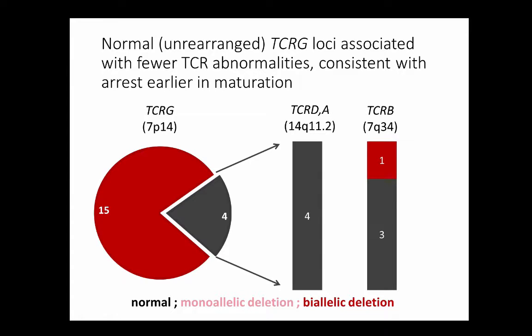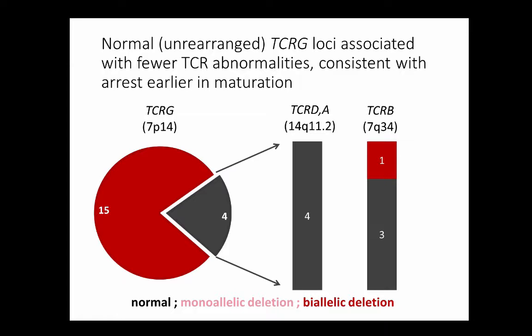So if we look specifically at TCR gamma copy number and we focus in on the very few samples that had no copy number change at TCR gamma, which is again what we expect, very few of these samples would have no copy number changes because it's the earliest chain, so it's the easiest, the earliest point to get to.